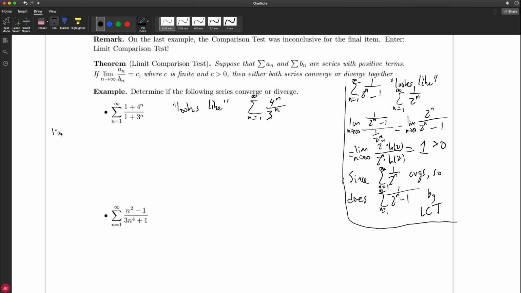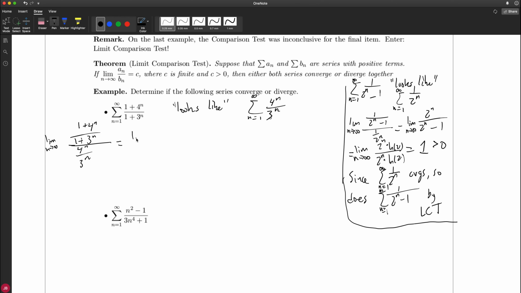And now remember, once you've chosen the sum that you think it looks like, you take the summands and take the limit of their ratio. And so in reality, this limit here is sort of off to the side. Like so.